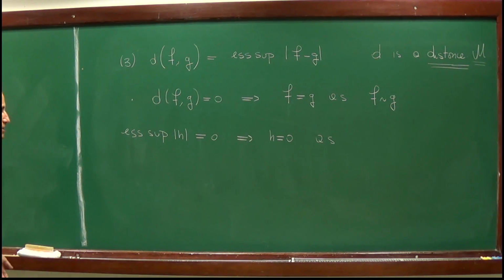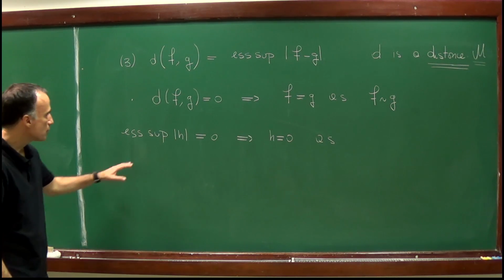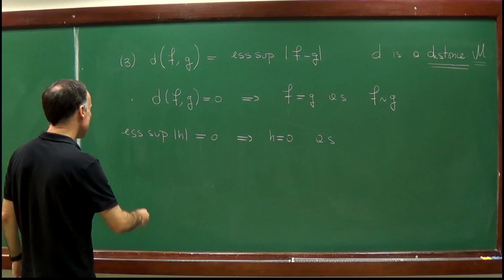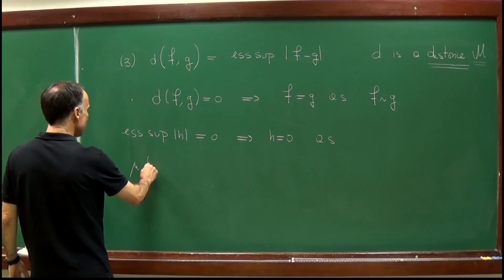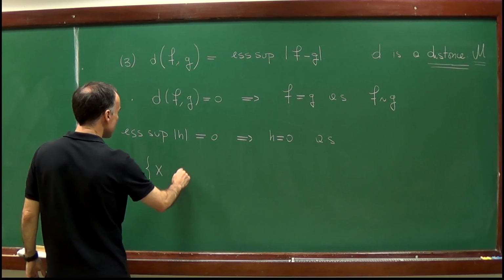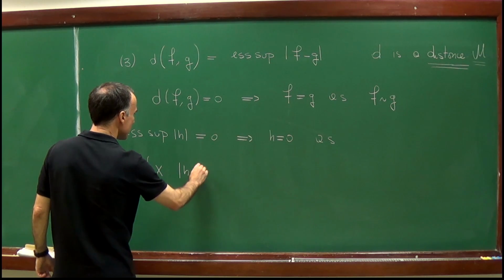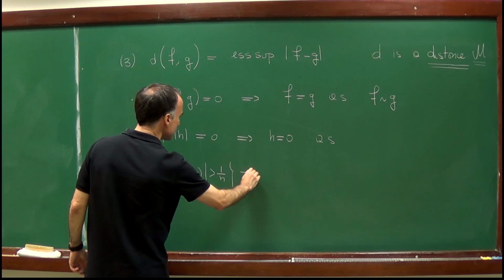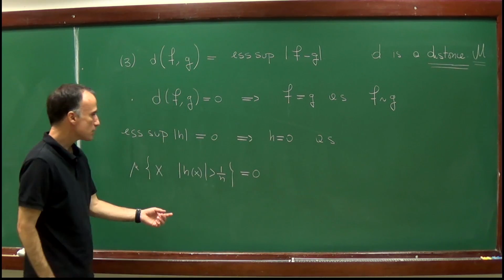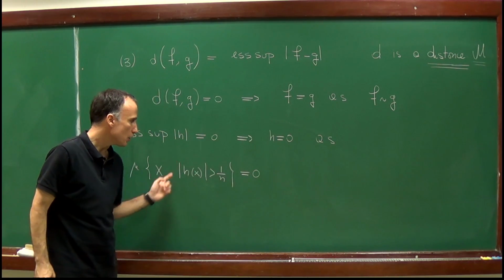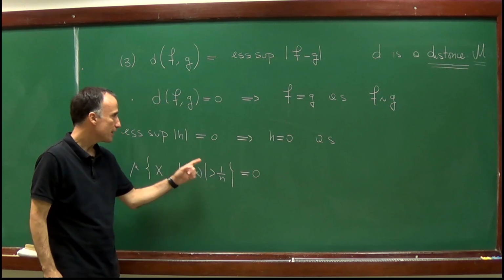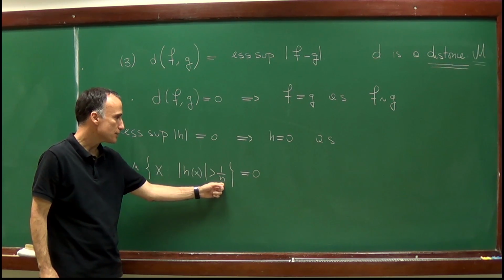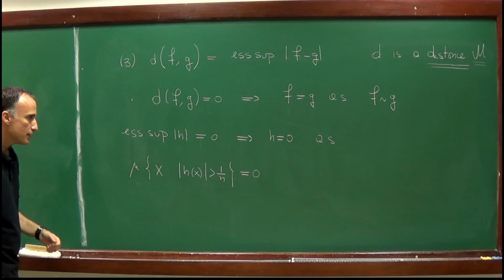But this is very simple, because if the essential supremum of h is equal to 0, this means that the measure of all points x such that h of x is larger than 1 over n has to be 0, because the infimum of this expression is attained at 0. Therefore, for any number larger than 0, the measure of this set has to be equal to 0.